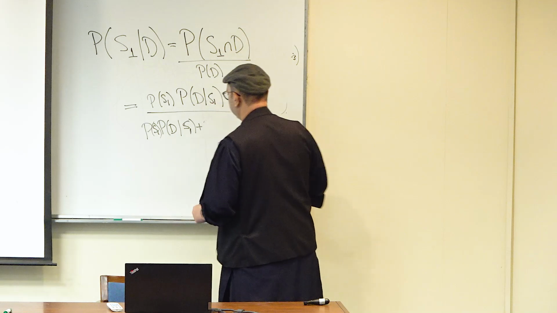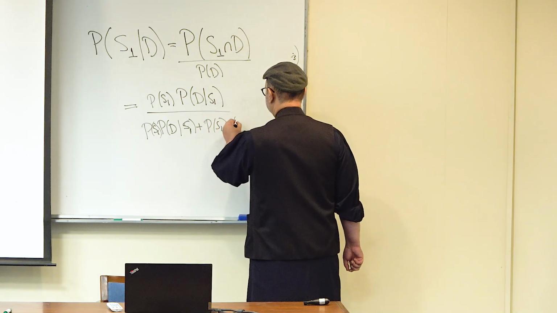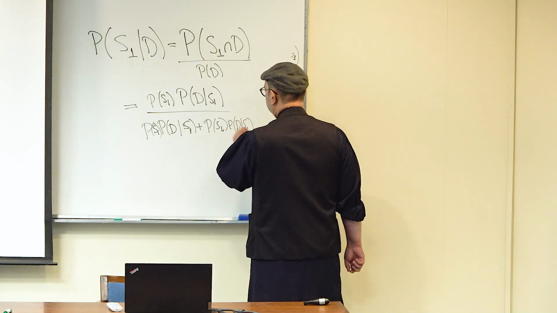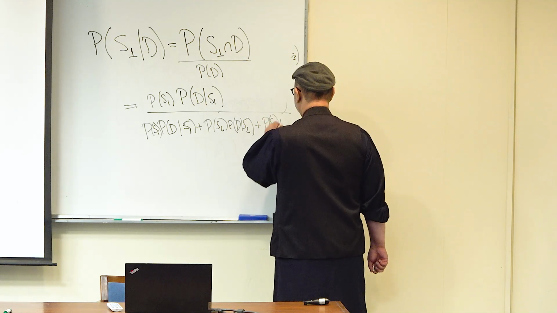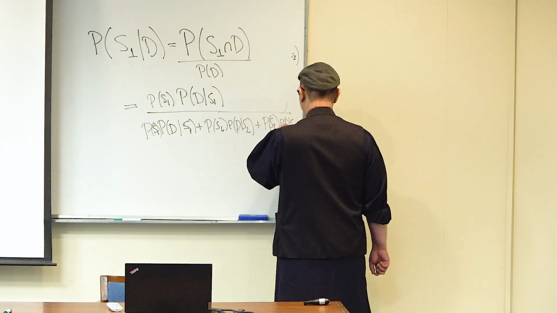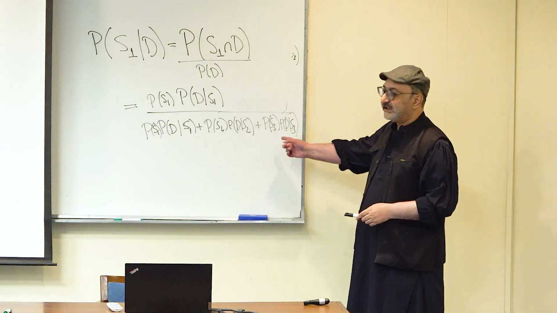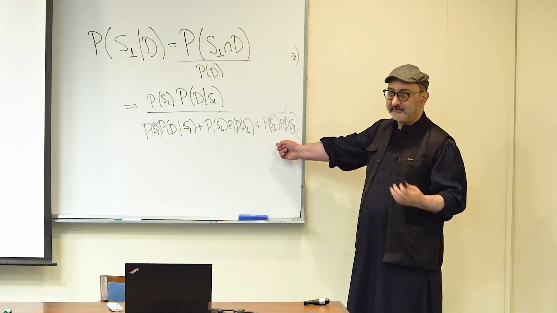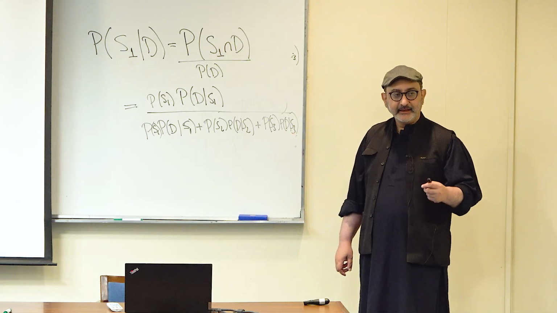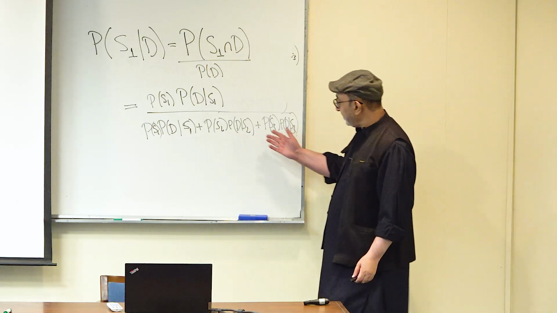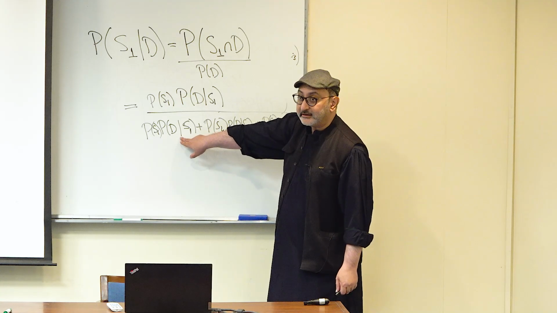It's a similar pattern then: probability of S2 times the probability of D given S2 plus the probability of S3 times the probability of D given S3. The definition of conditional probability and the idea of total probability give me this nice little pattern here. And as a check, I see that one of the terms in the denominator is the numerator.